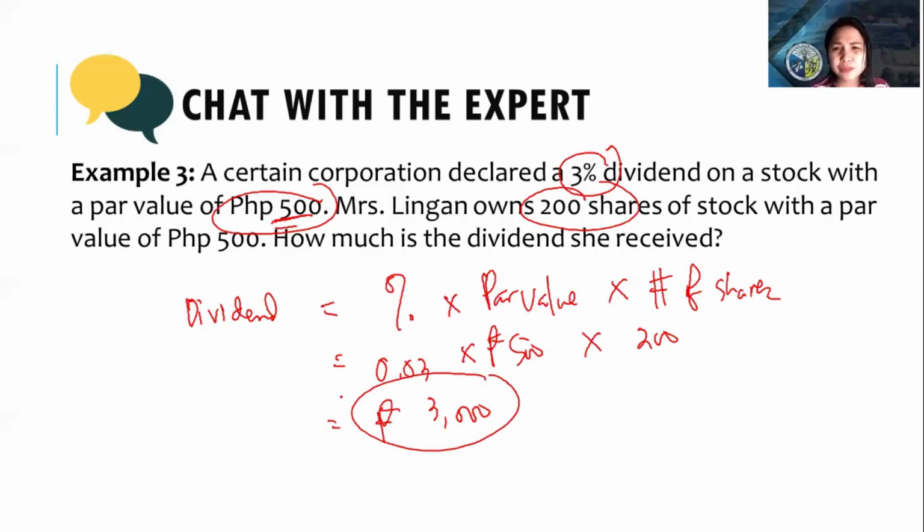You might say, ma'am, that's very low. You see, that's 500 pesos times 200 shares, that's about 100,000, right? But the 3,000 dividend might increase in the next year. So as long as you're a stockholder, you keep on receiving dividends.